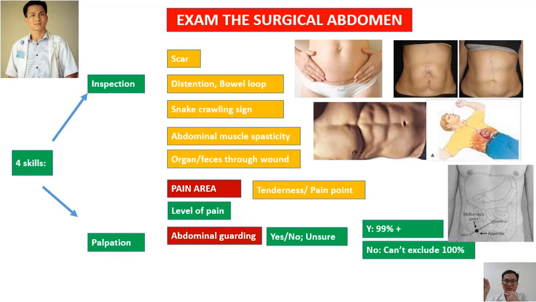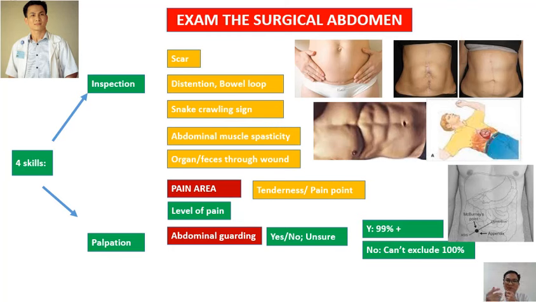The presence of abdominal warding is a strong indicator of a surgical abdomen, with approximately 99% of cases requiring surgical intervention. Therefore, correctly determining abdominal warding is of utmost importance. Remember it.